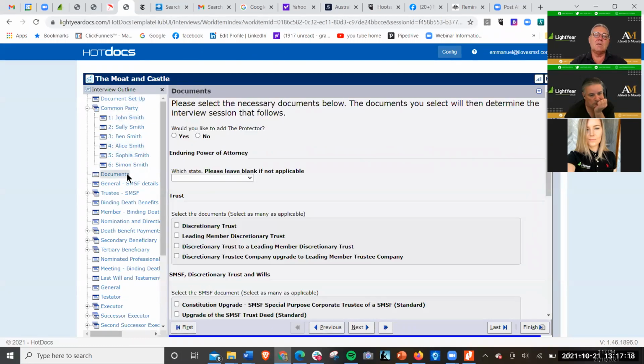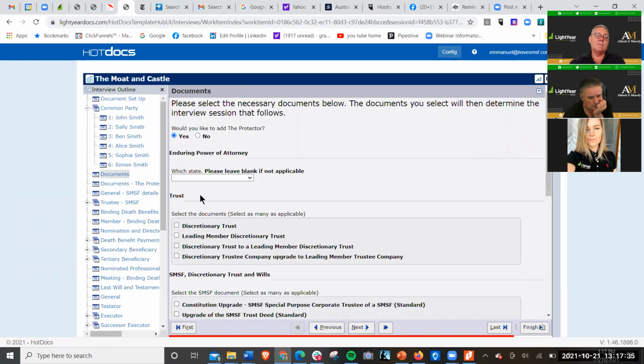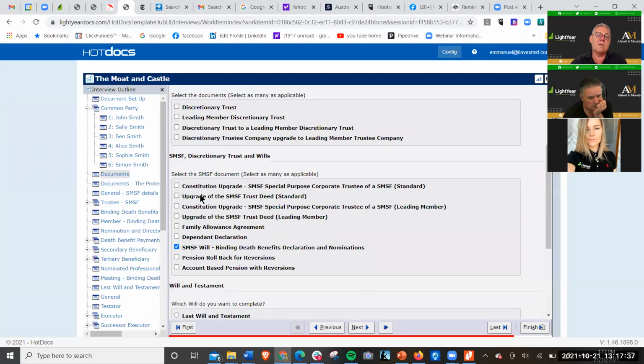So for the other ones, I would go in and probably do the protector in there. If I did the protector, you're going to find that I would also build the family protection trust in there as well. So we've got a lot there. If we've got an existing SMSF, I would be upgrading the Constitution and also the SMSF family allowance over Sophia and Alice, and hopefully Ben.